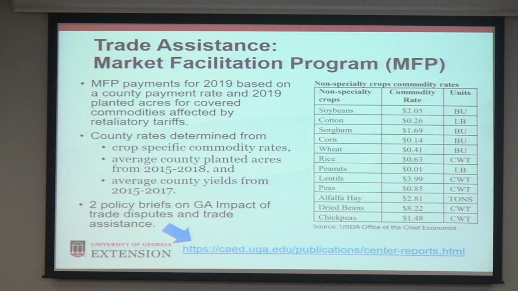There are a couple of policy briefs available on the impact of trade in Georgia, these trade disputes, and the trade assistance programs at the CAED website for UGA, the Center for Ag and Economic Development, caed.uga.edu. Under publications there are a couple of reports that get into those impacts, even beyond just the Market Facilitation Program, if we start talking about fruits and vegetables and so on.